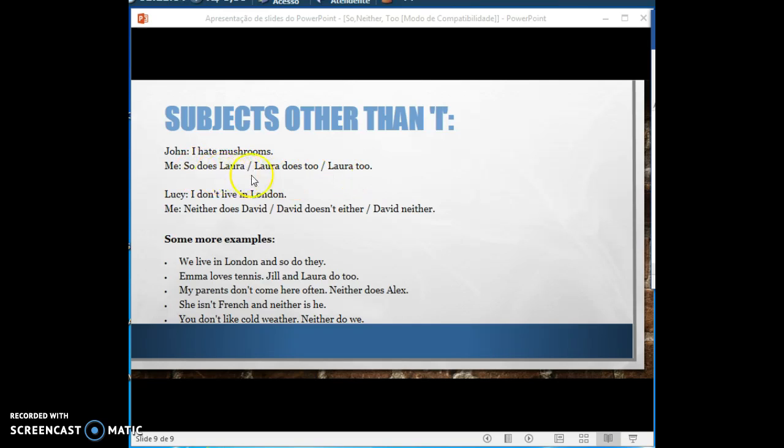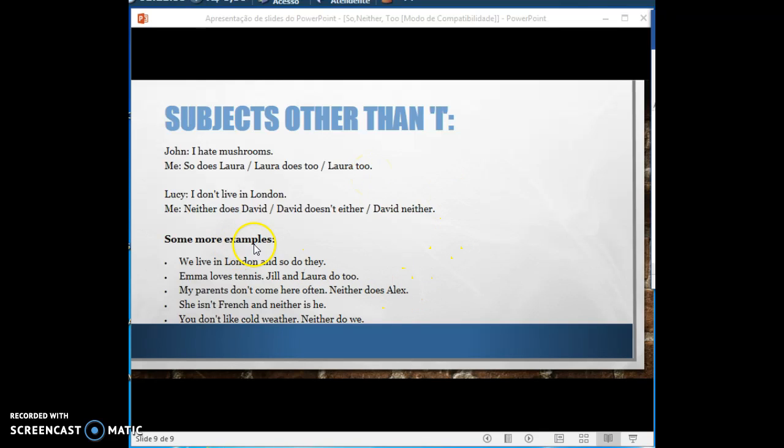"So does Laura," "Laura does too," or "Laura too." Lucy says, "I don't live in London." You can answer, "Neither does David," "David doesn't either," or "David neither." You can use one of these three ways of agreeing. We have the negative way and the positive way.